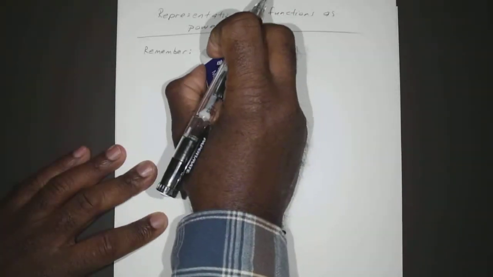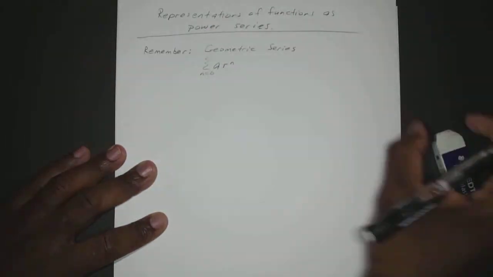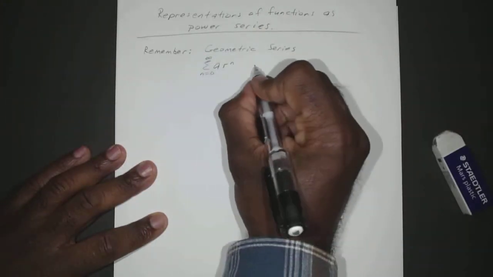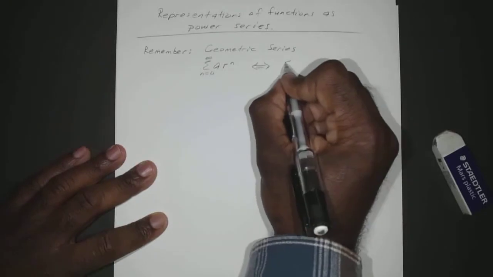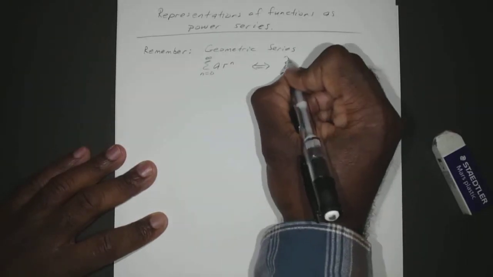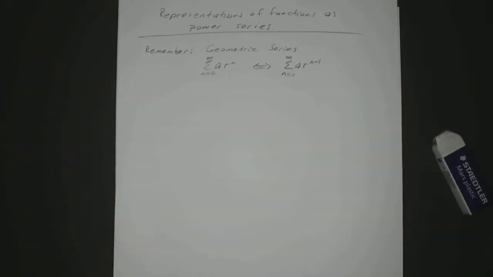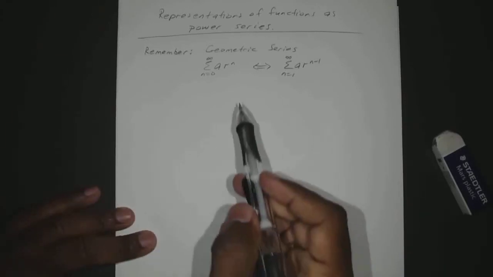That infinity looks a little iffy. Which is the exact same as the sum from n equals 1 to infinity of a times r to the n minus 1. So any one of those you could use and you'd be just fine. Okay, but just for the sake of convenience, I'm using that one.